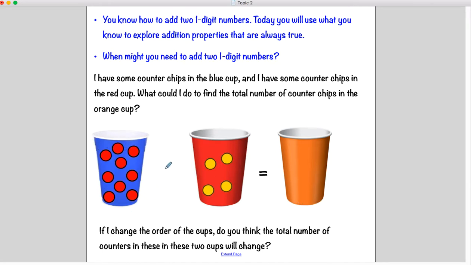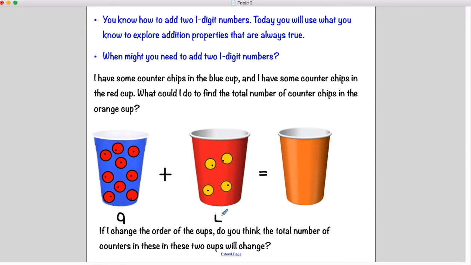I need to add these two cups together to figure out what my total is going to be. So I'm going to count each one of these. 1, 2, 3, 4, 5, 6, 7, 8, and 9. So I have 9 here. And then I'm going to count the ones that are here. 1, 2, 3, 4.